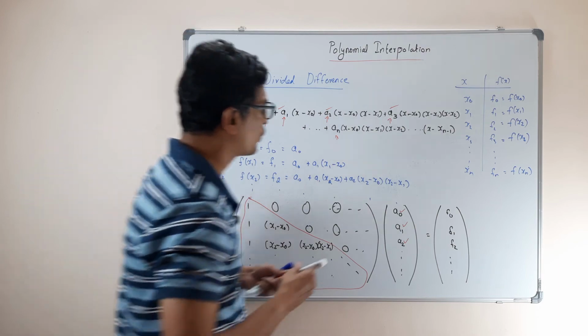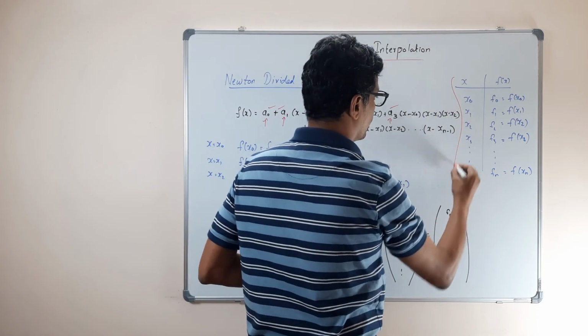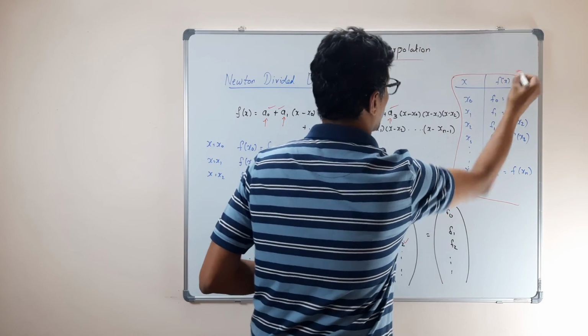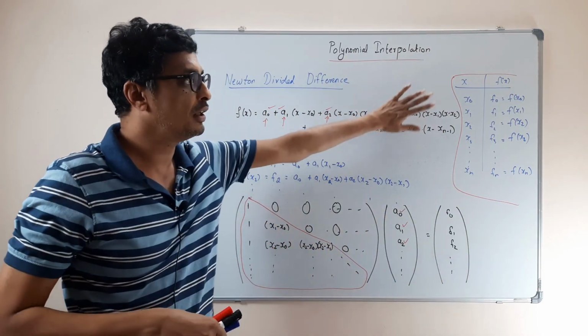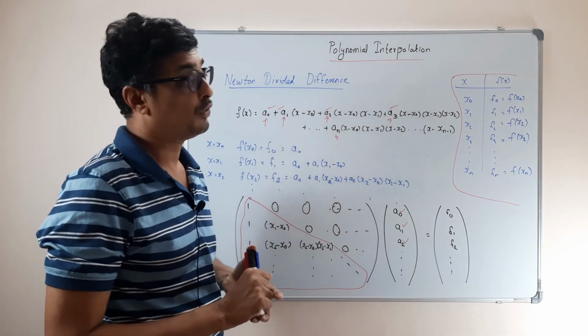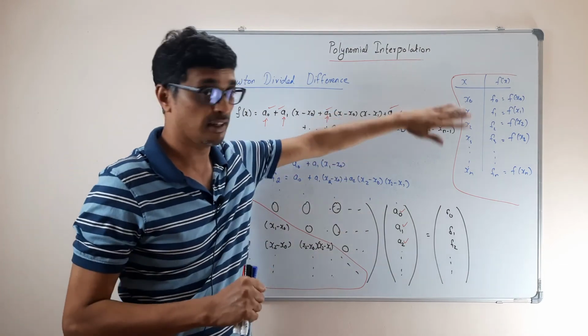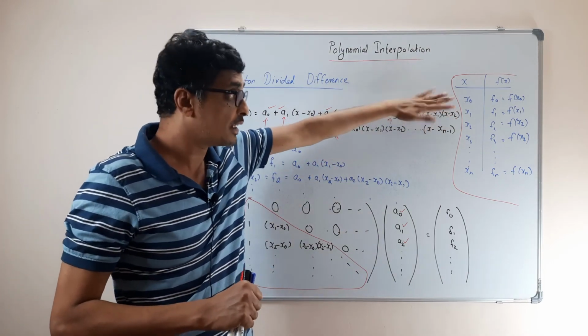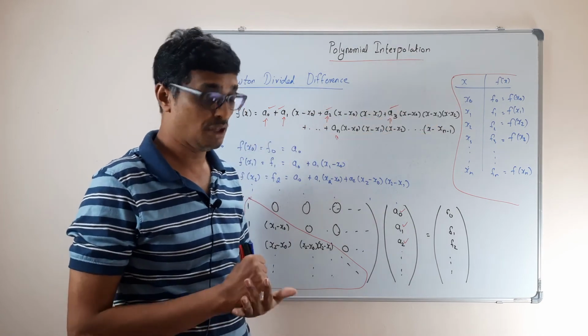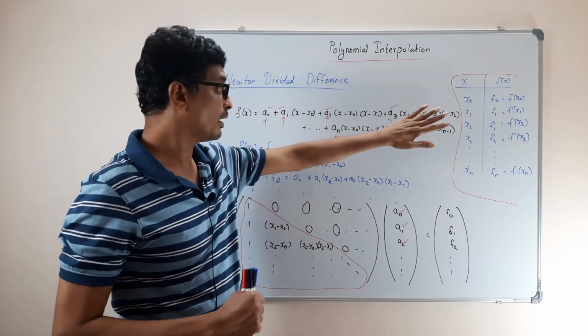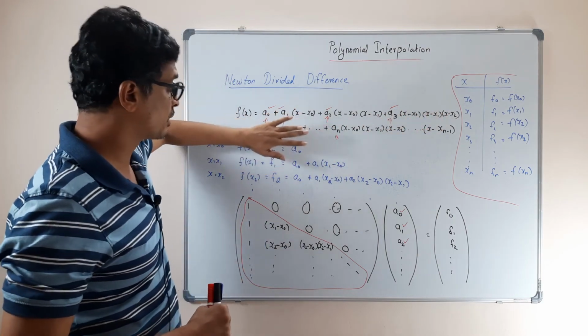You can see these algorithms, Lagrange, Neville and Newton divided difference, can interpolate even if your data points are unevenly spaced. Sorry, it's not that they have to be unevenly spaced; even if it's evenly spaced, these algorithms can be used. However, they are not very simple and trivial.